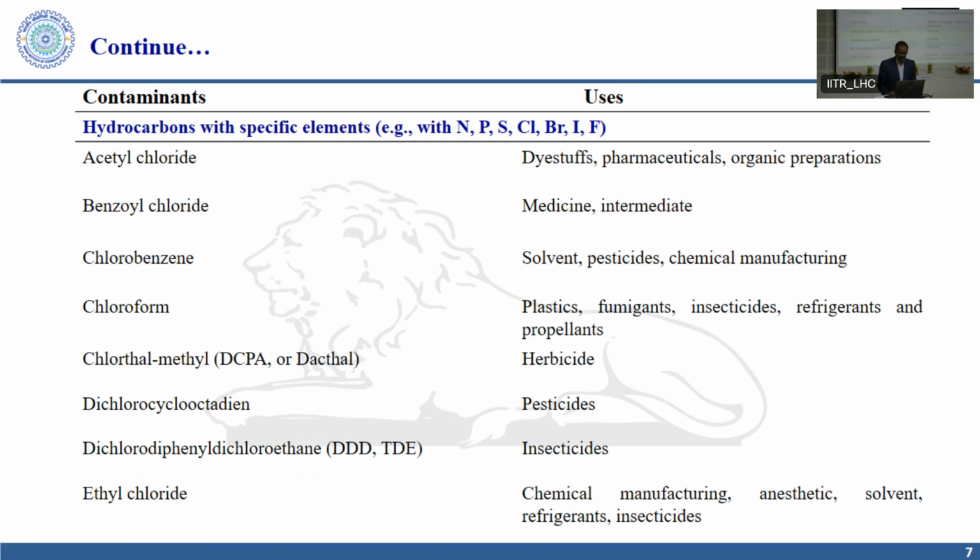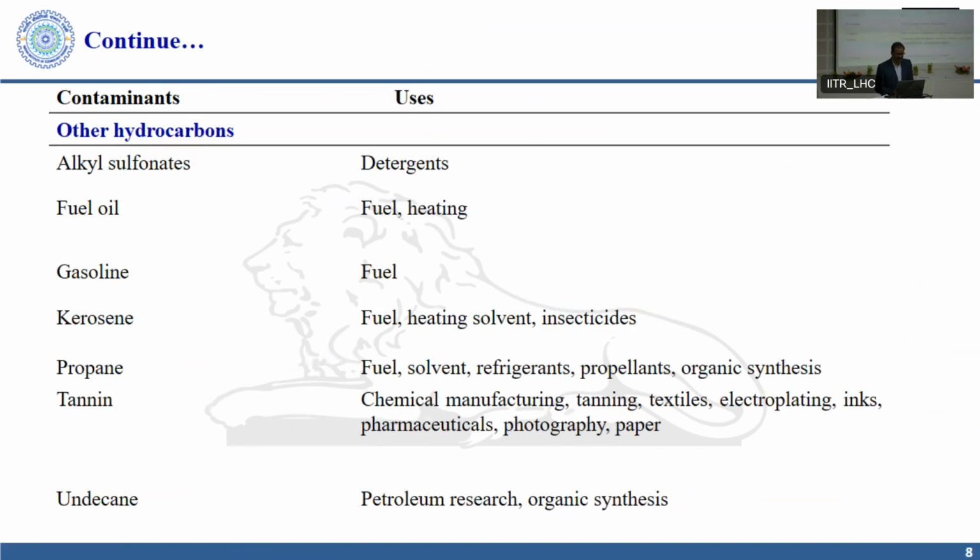Chlorothiol methyl is a herbicide. Locotidine is a pesticide. Dichlorophenyl, DDT and TD are also mostly used as insecticides in the agriculture field for crop protection. Ethyl chloride is used for chemical manufacturing, as an aesthetic solvent, refrigerant, and insecticide here.